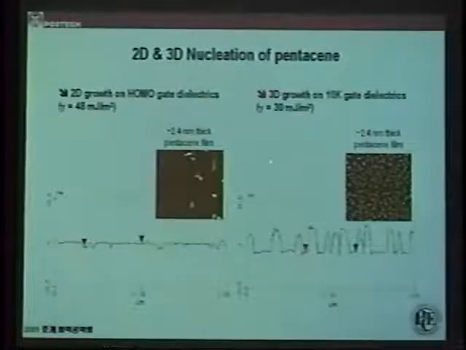For the case of the low surface energy material, only 50% is covered. And even though we have only 2.4 nanometers of pentacene deposition, some island parts have about 5 to 7 nanometers thickness.